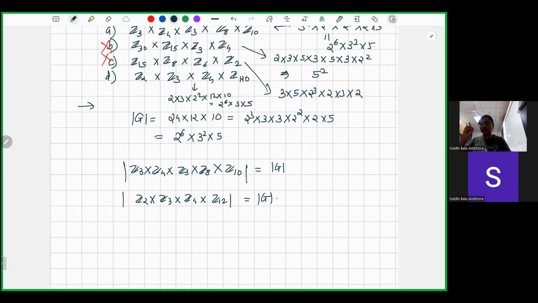What we observe is that when two groups have the same cardinality, there is a possibility that they could be isomorphic, that is, which groups are isomorphic to the given group.